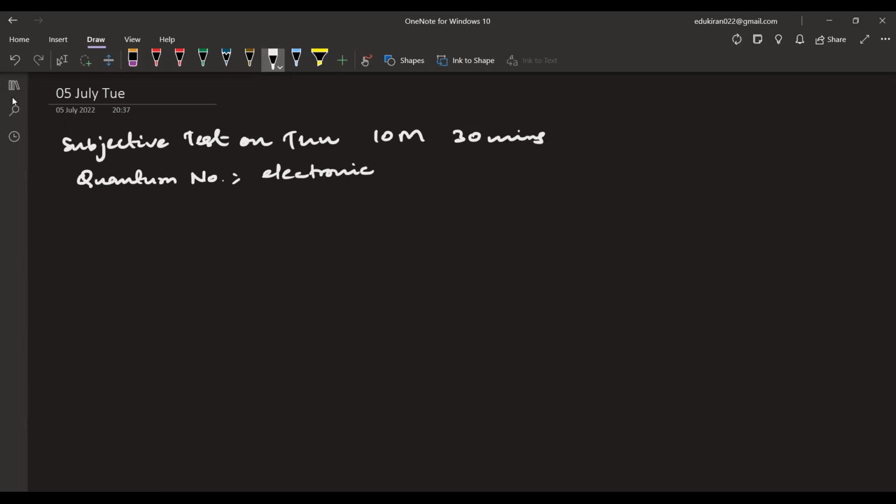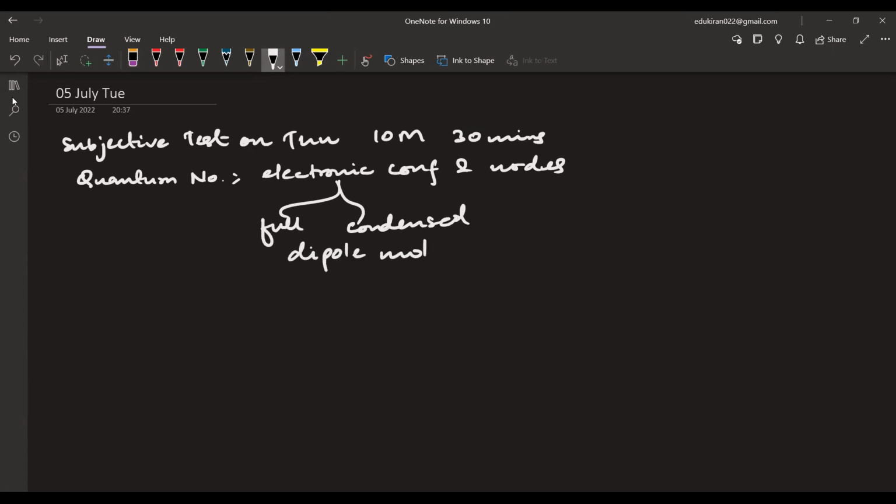Electronic configuration, both the full and the condensed. And I hope you remember that in electronic configuration many things come: unpaired electrons, dipole moment. Okay, dipole moment will also be there.